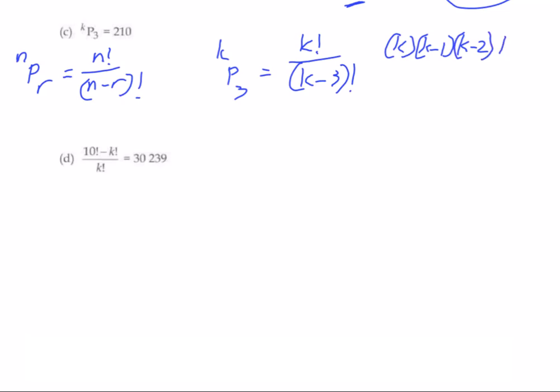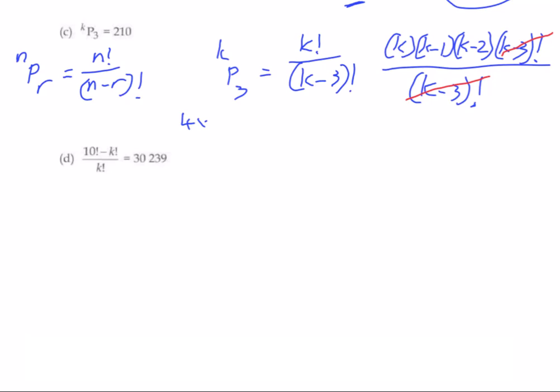So k multiplied by k minus 1 times k minus 2 times k minus 3 factorial. Now that we've got k minus 3 factorial on both the numerator and the denominator, they can be cancelled out.